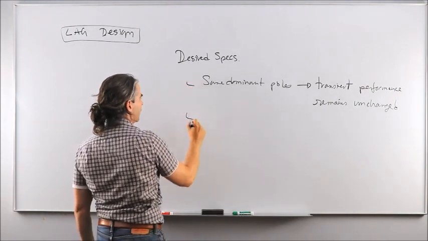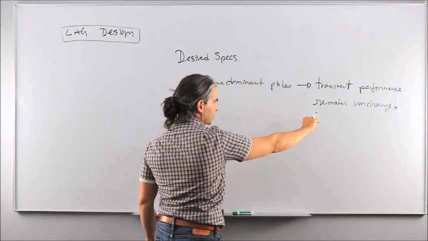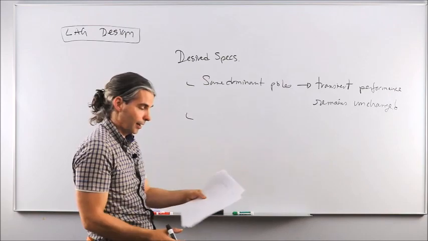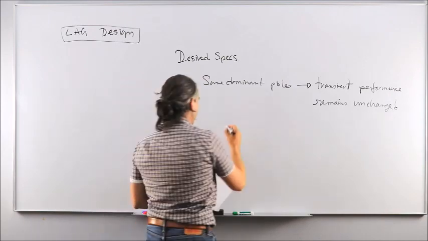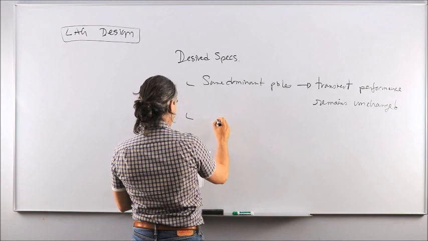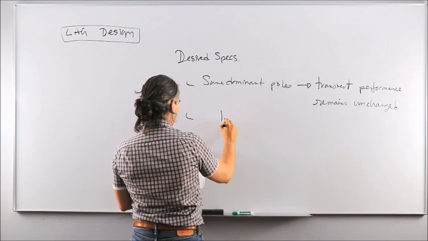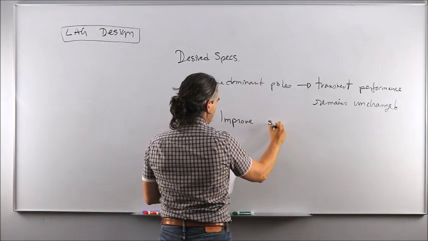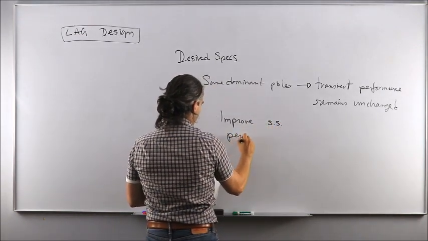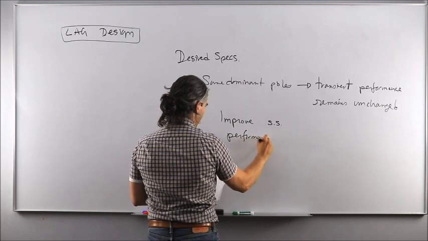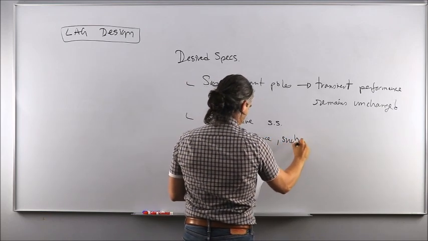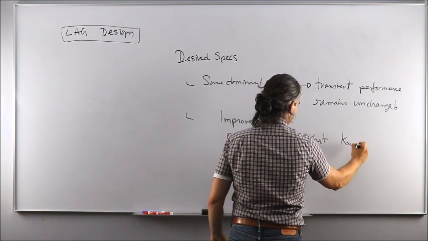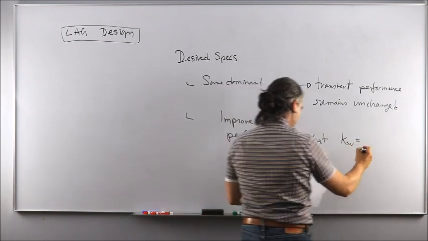But you know what? I'd like to have a tighter response in steady state, i.e. I would like to reduce the steady state tracking error. Specifically, I would like to improve steady state performance such that my Kv gives me approximately 5.